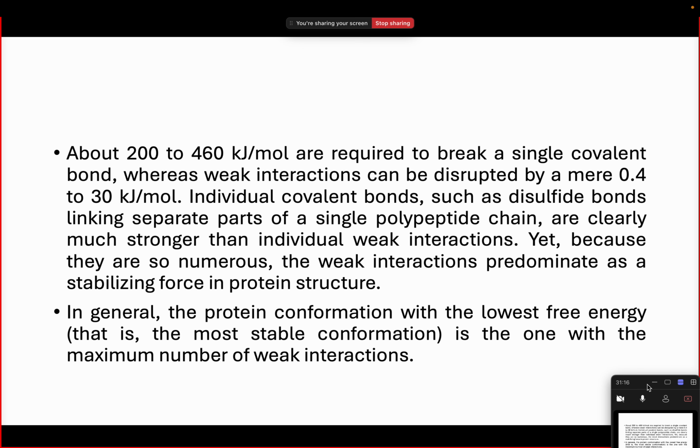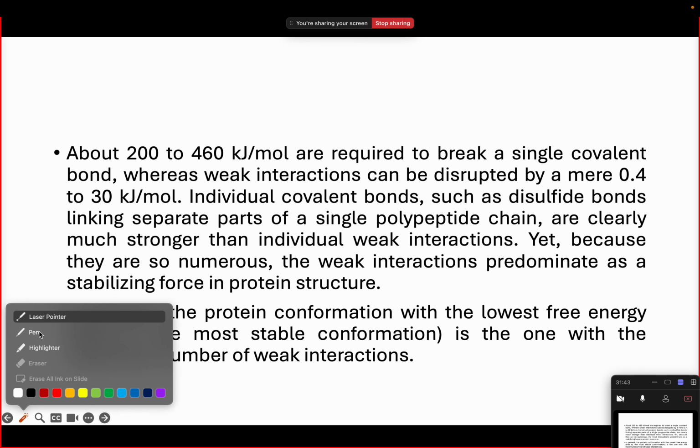So it's a huge energy requirement, whereas weak interactions can be disrupted by a mere 0.4 to 30 kilojoules per mole of energy. Individual covalent bonds such as disulfide bonds linking separate parts of a single polypeptide chain are clearly stronger than individual weak interactions. Yet, because weak interactions are so numerous, they predominate as a stabilizing force in protein structure.